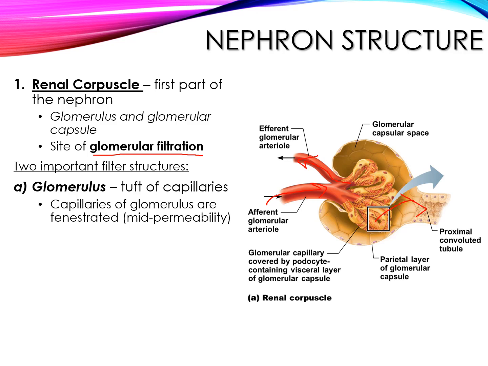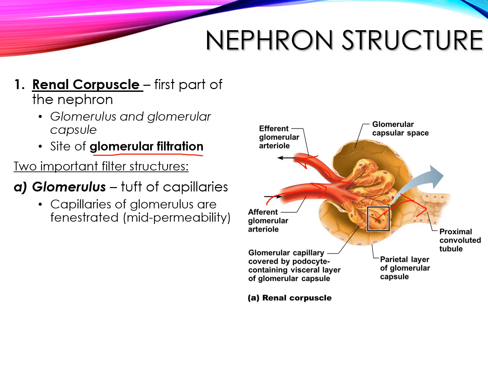So there are some important structures about the glomerulus. How do we actually filter the blood? The glomerulus is made up of a bunch of little capillaries. These capillaries are fenestrated capillaries. If we go back to our vasculature lecture, we talked about the different types of capillaries.